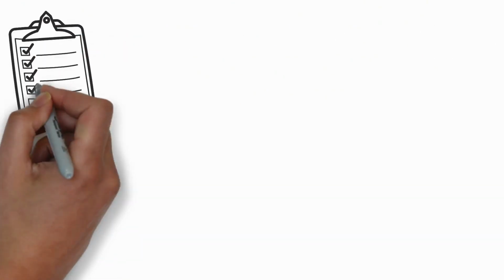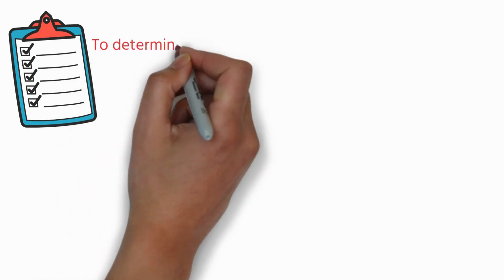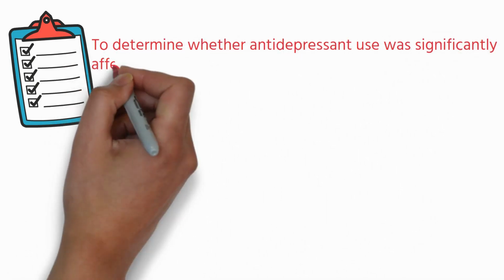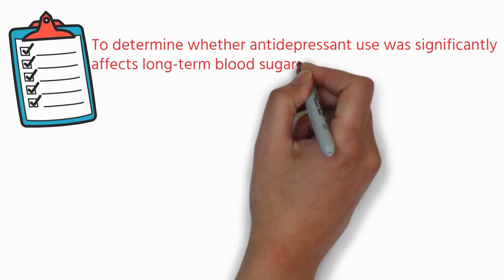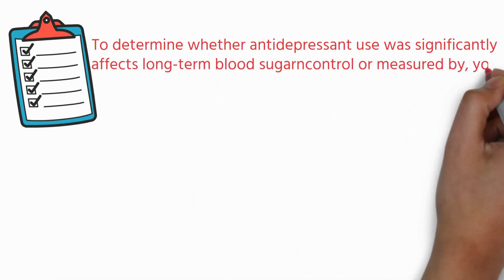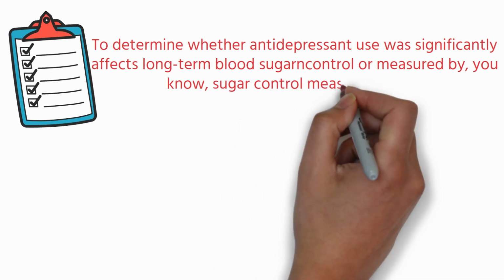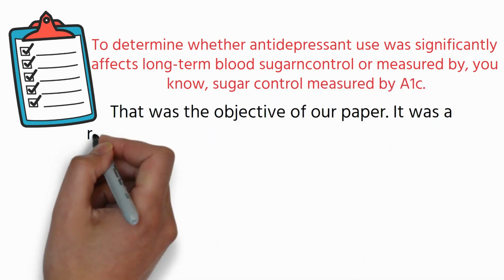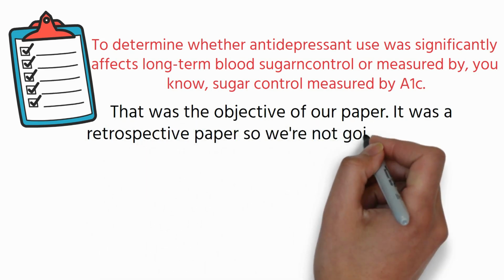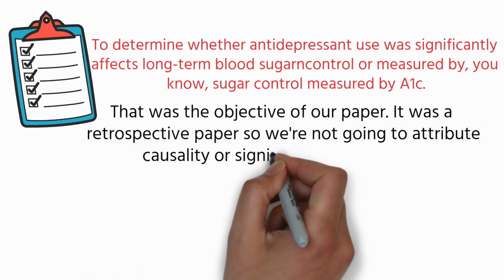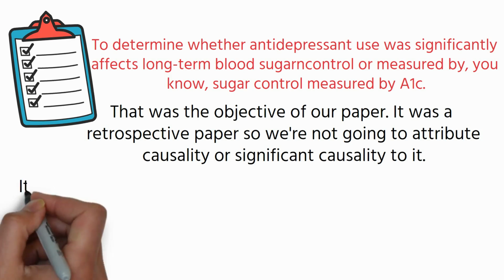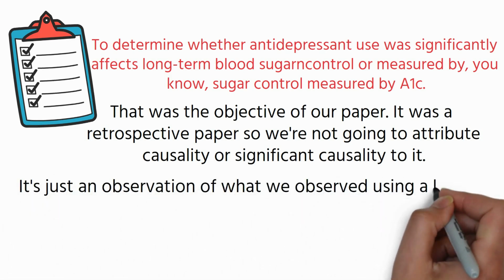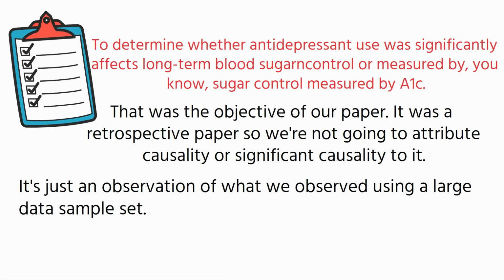The objective of that paper was to determine whether antidepressant use significantly affects long-term blood sugar control, measured by A1C. That was the objective of our paper. It was a retrospective paper, so we're not going to attribute causality to it. It's just an observation of what we observed using a large data sample set.